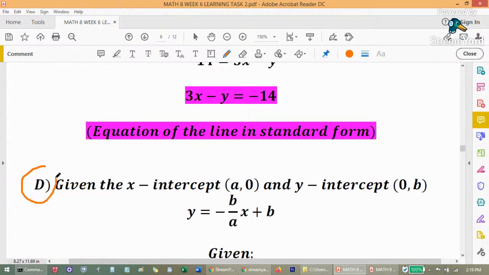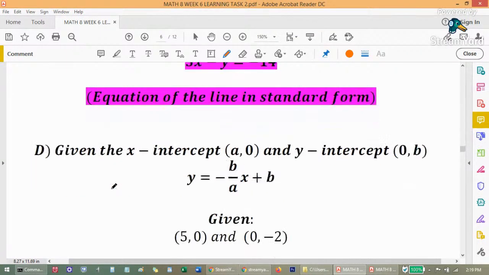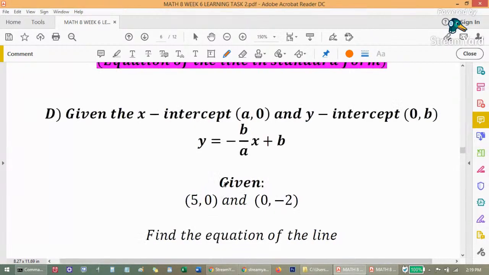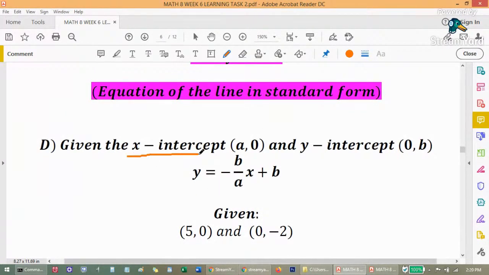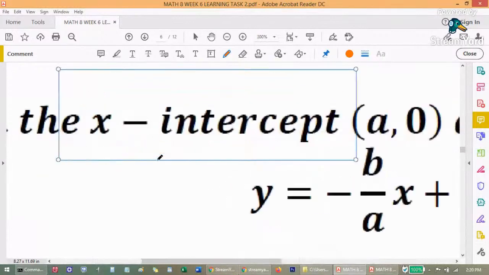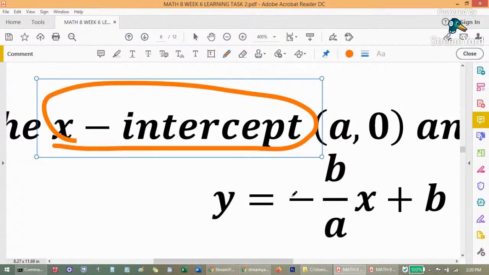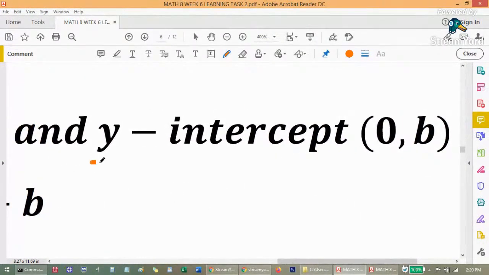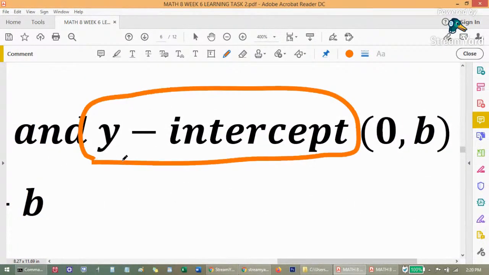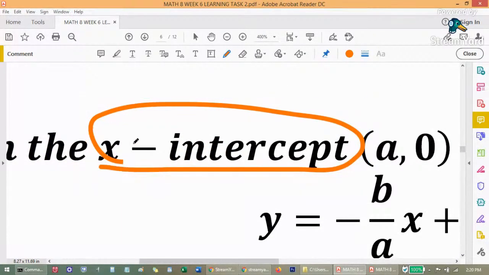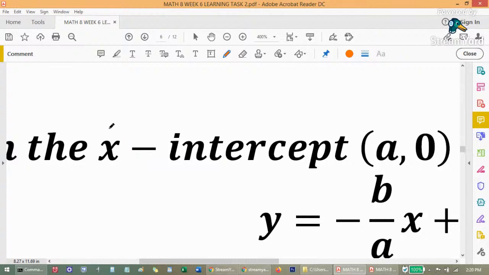And last, D, pinapahanap sa atin ang equation of the line kapag binigay sa atin ang x-intercept at y-intercept, no? X and y. Yung x-intercept, laging 0 ang y.